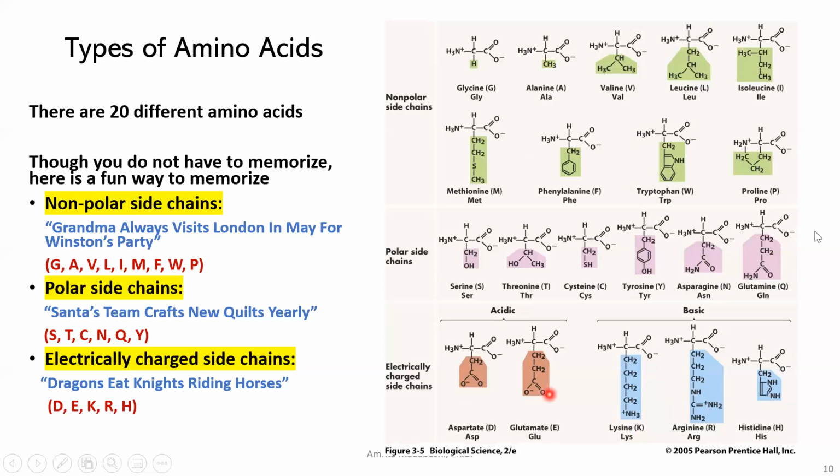Lysine and arginine are kind of unique. They have the extra NH2 group, and so does histidine. Something else to observe is that some of them have aromatic structures, which gives them a different property: phenylalanine, tryptophan, tyrosine, and not really histidine that way, but these are the ones that are aromatic.